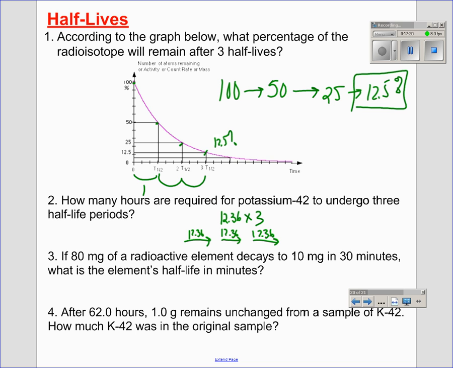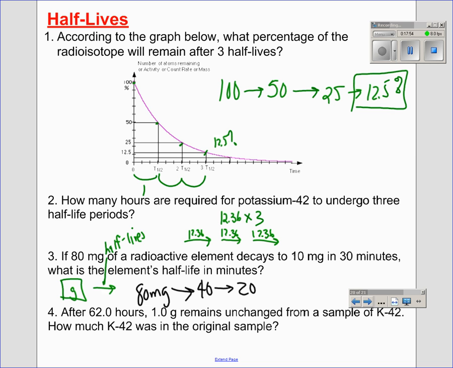Now, the general format here is you're going to start with an original number of grams or an original mass. You're going to keep undergoing half-lives. The arrows are the half-lives until you get to an end value. So look at this one. If 80 milligrams of a radioactive element decays to 10 milligrams, first half-life, it's going to split in half, 40.